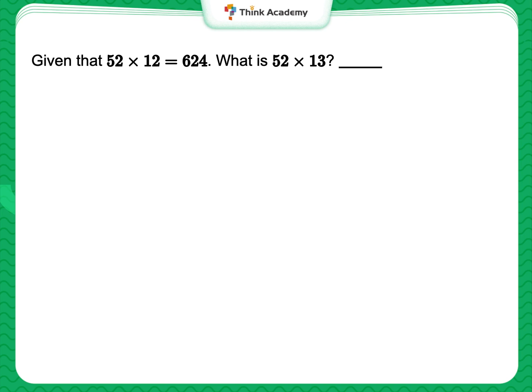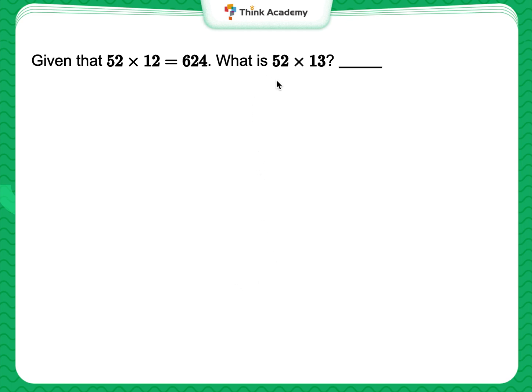Anyways, so now we are given the calculation 52 times 12 is 624, and we want to find 52 times 13. So we know that multiplication essentially means adding the same number a few times, right? So 52 times 13 means I have added one more 52 on top of 52 times 12.